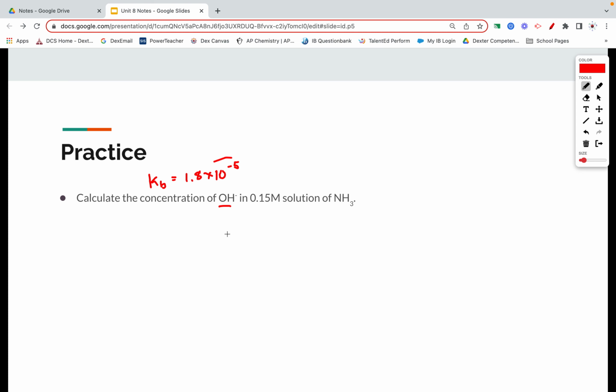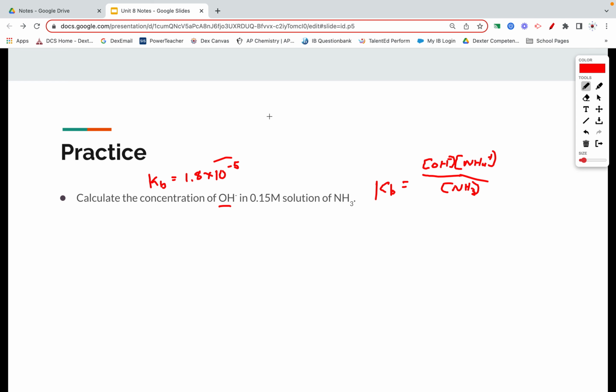So remember Kb is going to be equal to our concentration of OH minus times our concentration of NH4 plus, all over our original base, which is NH3.